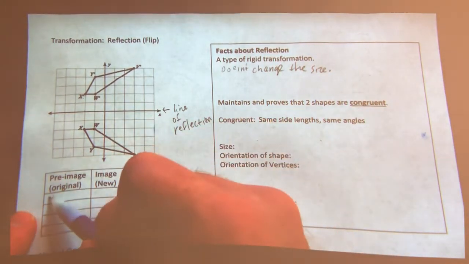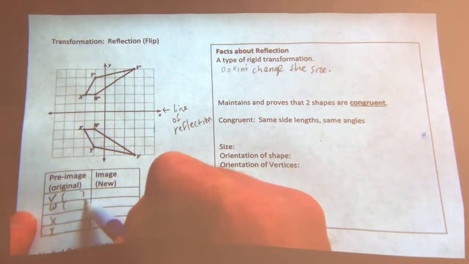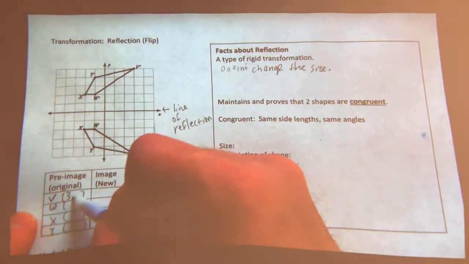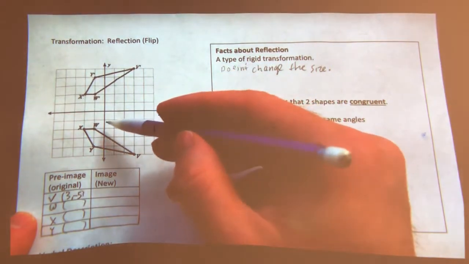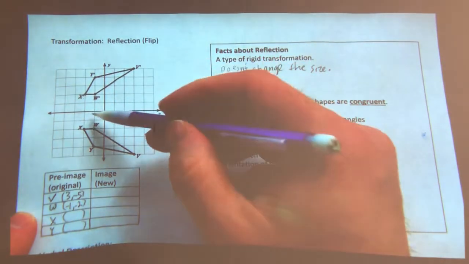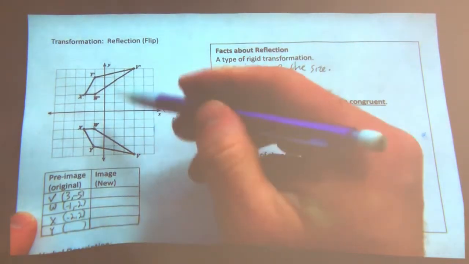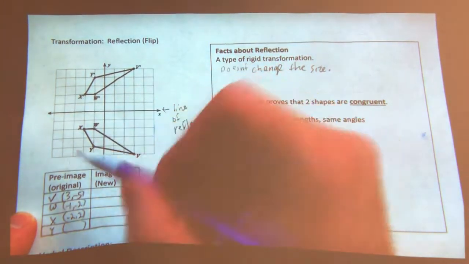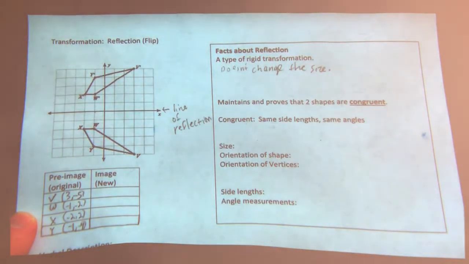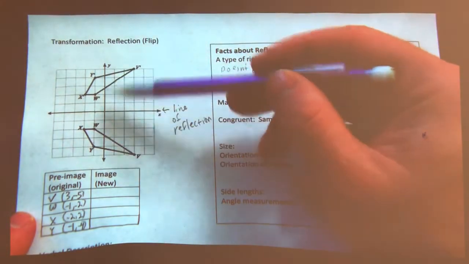So the coordinates of those are going to be V, W, X, Y. So V is (3, -5), and W is (-1, -2), and X is (-2, -2), and Y is (-1, -4). So this shape is going to flip over or reflect across.